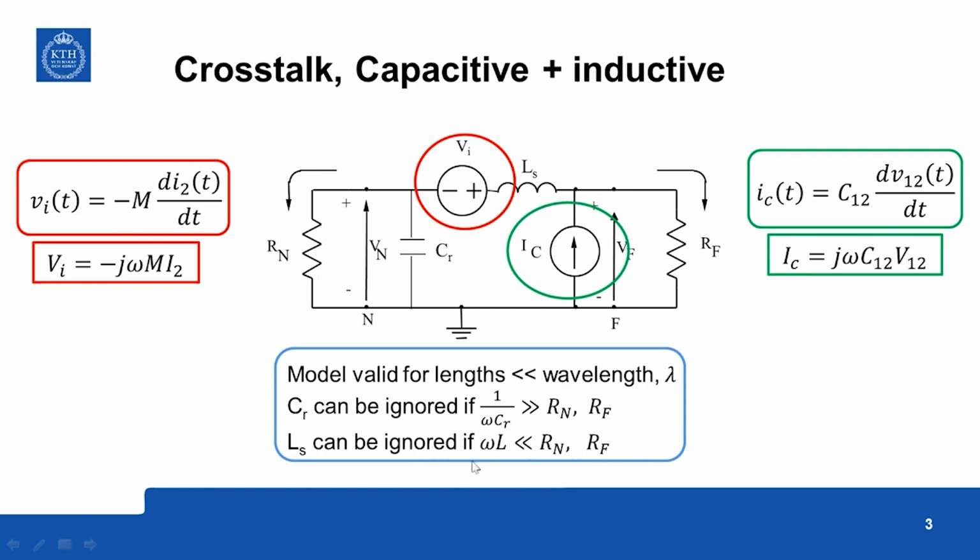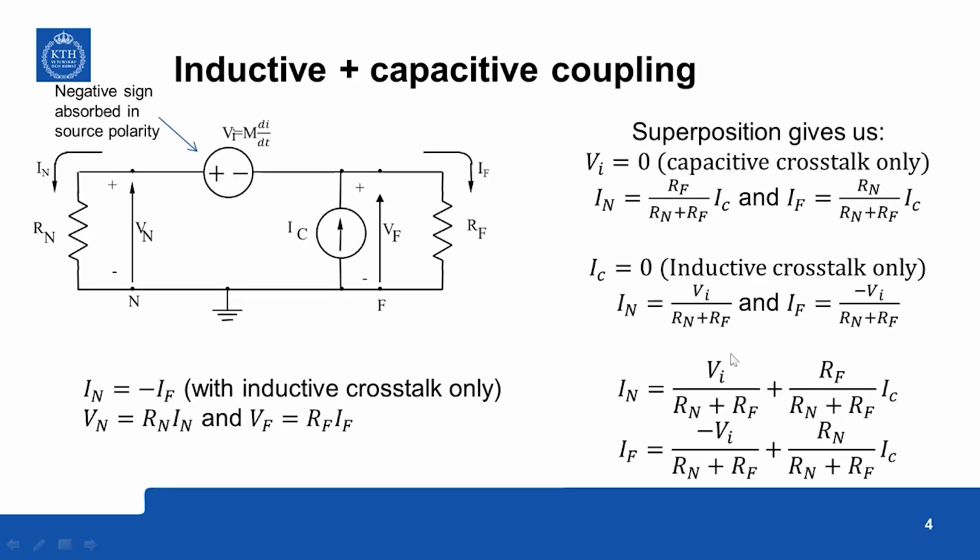So one has to really check these two conditions before removing this capacitance and before removing this inductance. Now assume that we have such conditions as given above, and we neglected the capacitance and the series inductance.